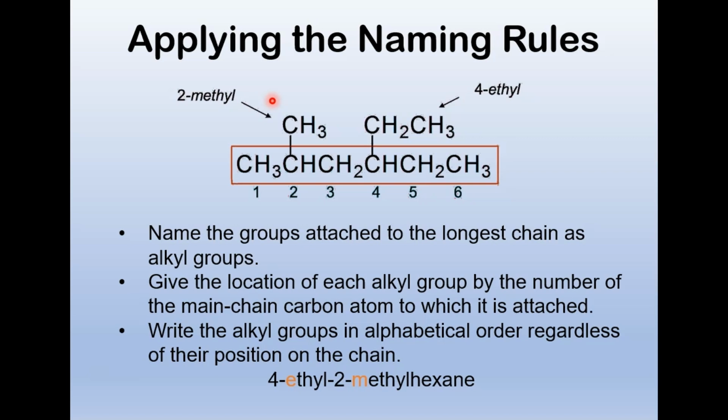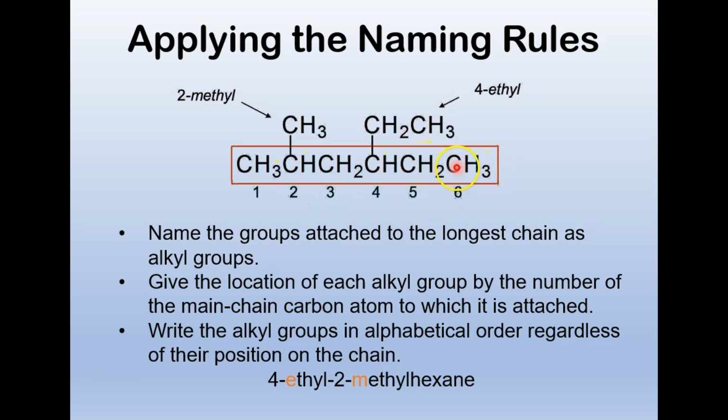The longest continuous carbon chain, I think I messed up. 1, 2, 3, 4, 5, 6. Turns out, doesn't matter. This is going to be an ethyl substituent here, or if I went this way, 1, 2, 3, I either have an ethyl group here or an ethyl group here. So it doesn't matter.